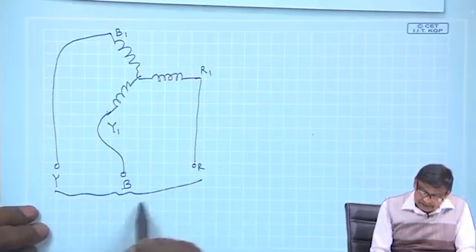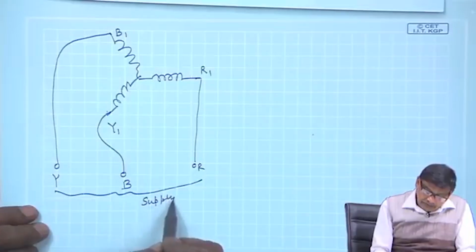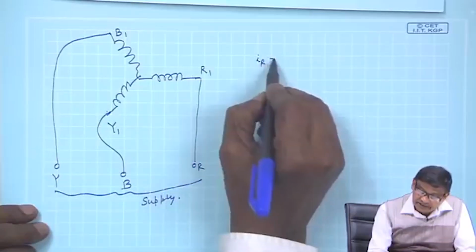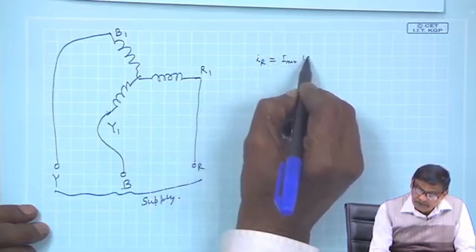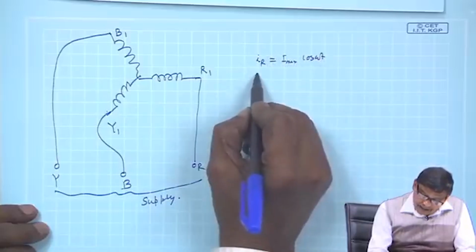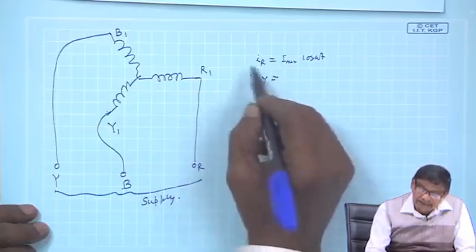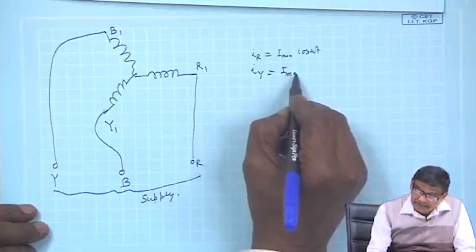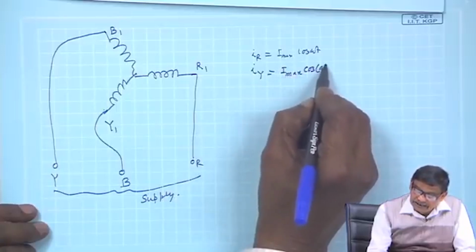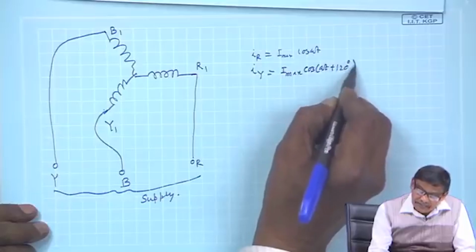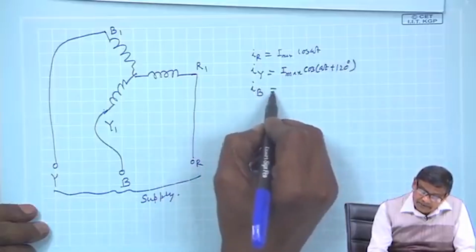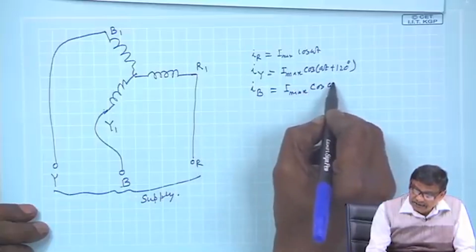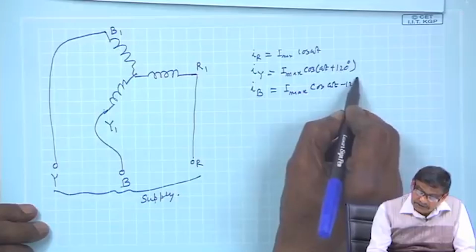These are supply names. Then what happens is this, the IR, if you call it I max cos omega t, I y will be leading, since the supply phase sequence is reversed. It will be I max cosine omega t plus 120 degree and I b is equal to I max cosine omega t minus 120 degree.